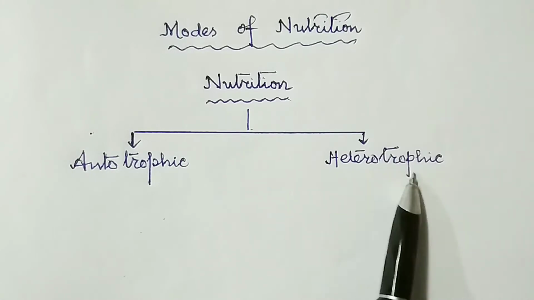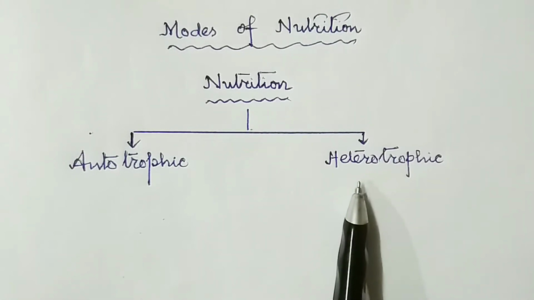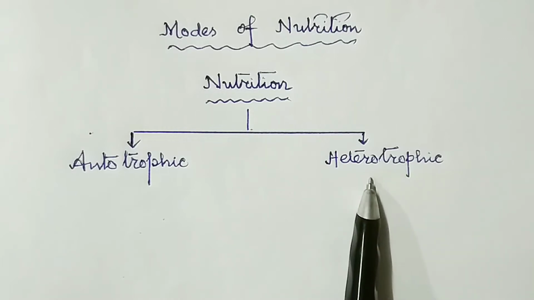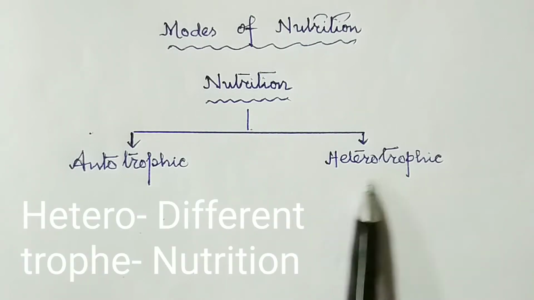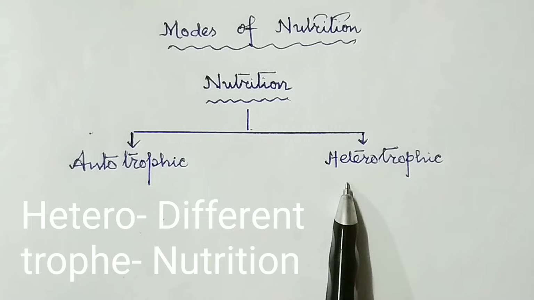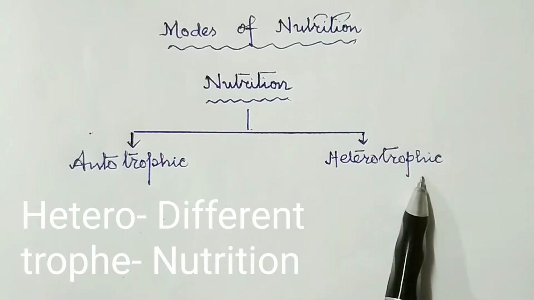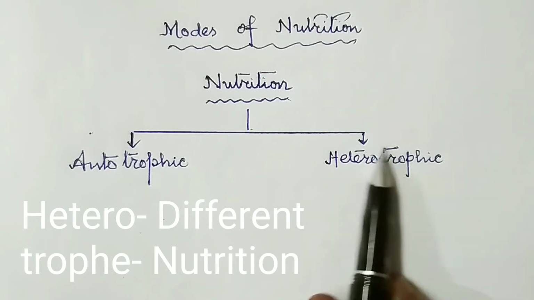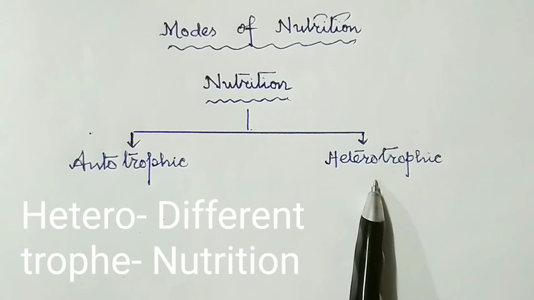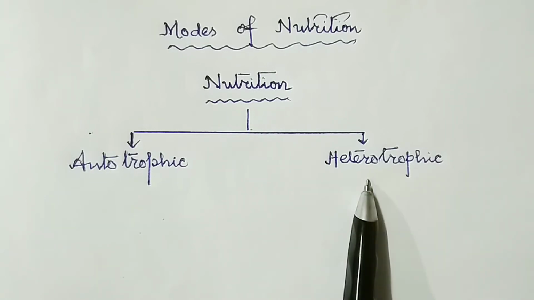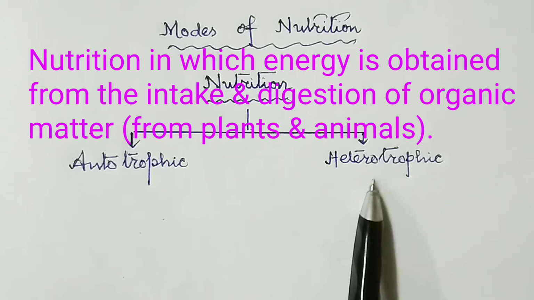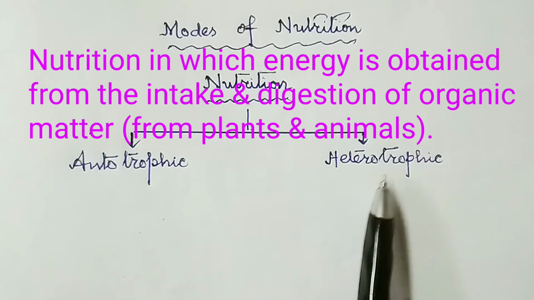And what is heterotrophic nutrition? The word heterotrophic is derived from two Greek words, hetero and trophy. Hetero means different and trophy means nutrition. Heterotrophic nutrition is a type of nutrition in which energy is obtained from the intake and digestion of organic substances derived from plants and animals.